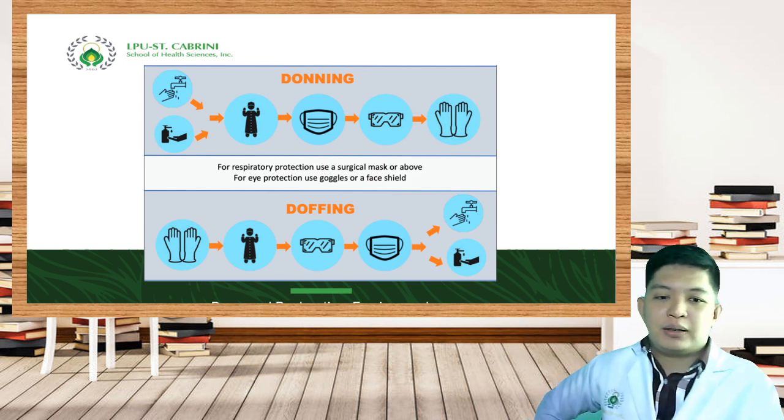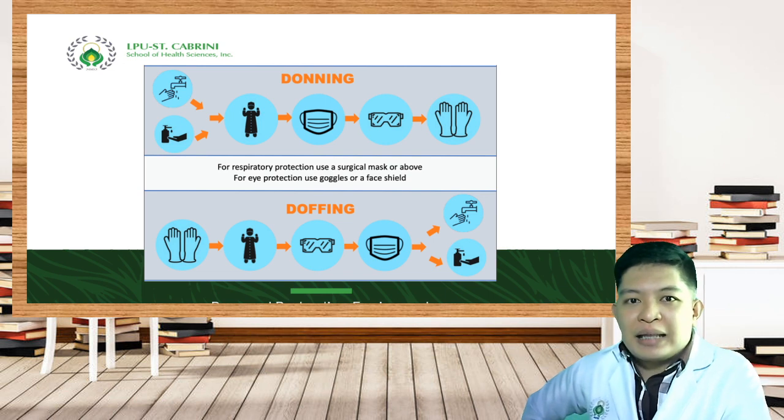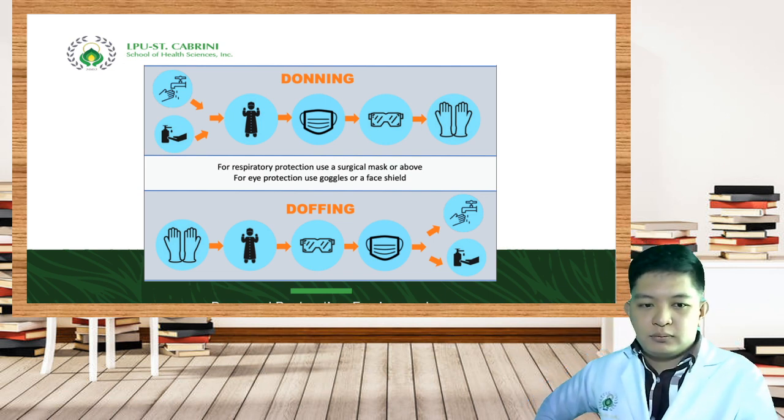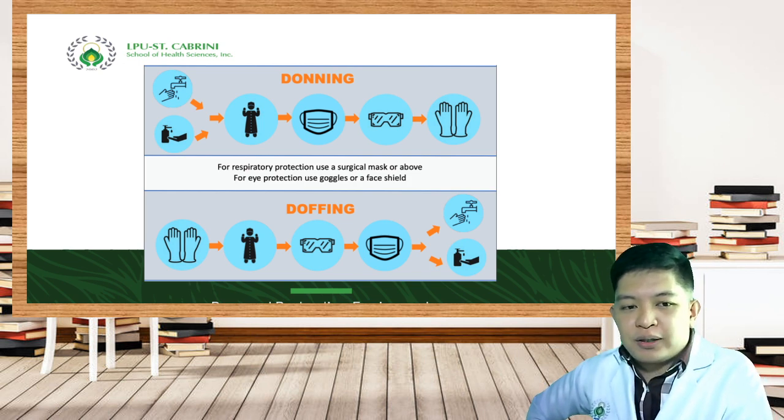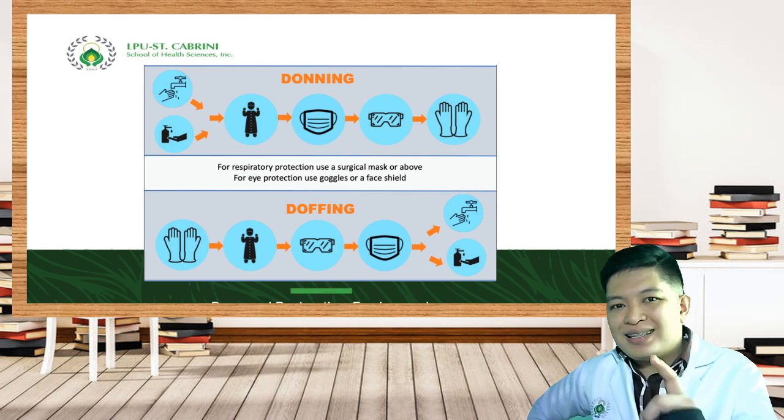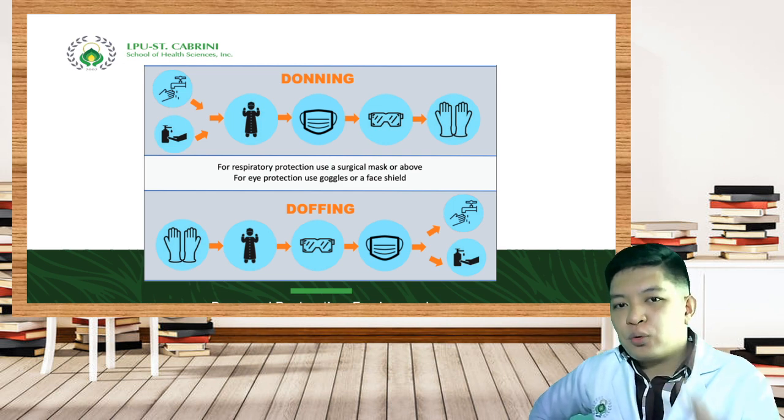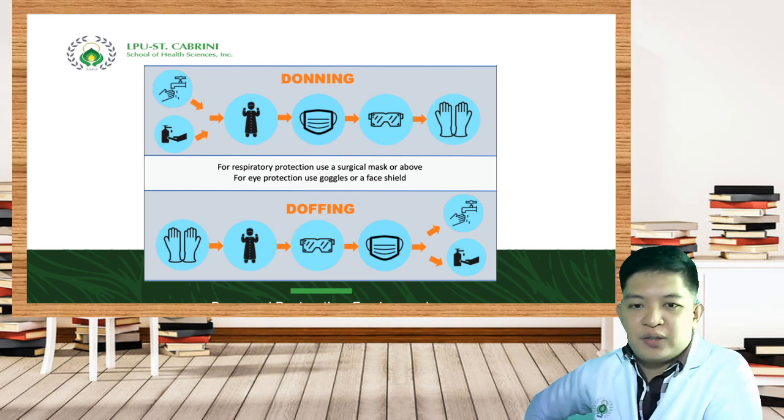So how are we going to do that? When we said donning, that is the way of wearing, no, your personal protective equipment. Okay? So the first thing that you need to do before wearing your personal protective equipment is to wash your hands.